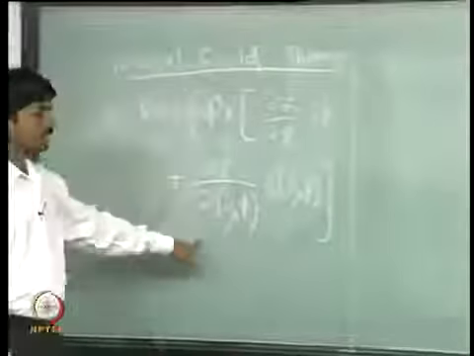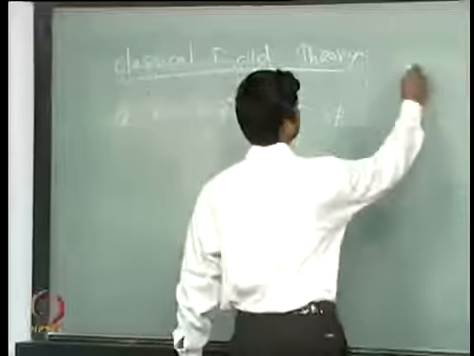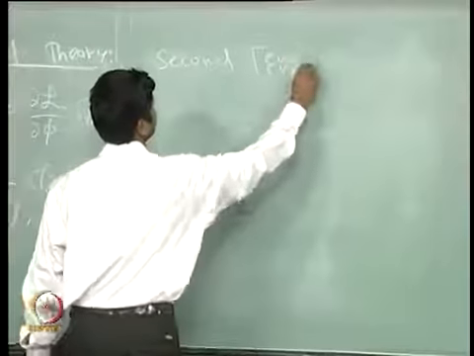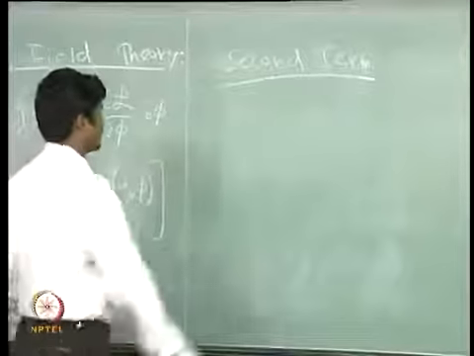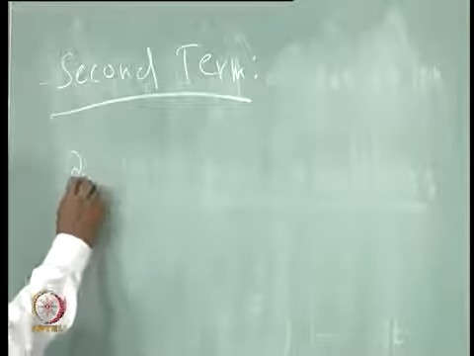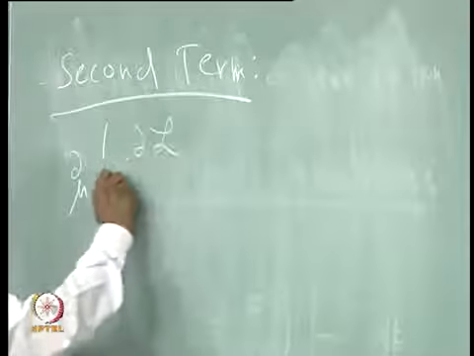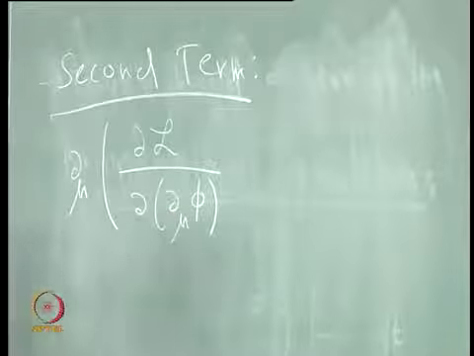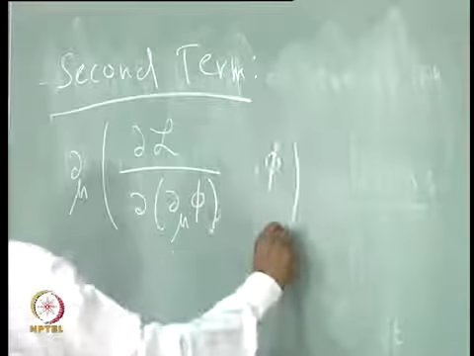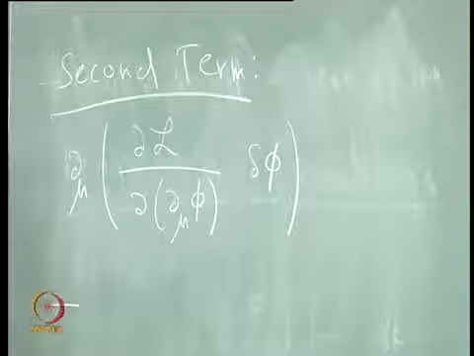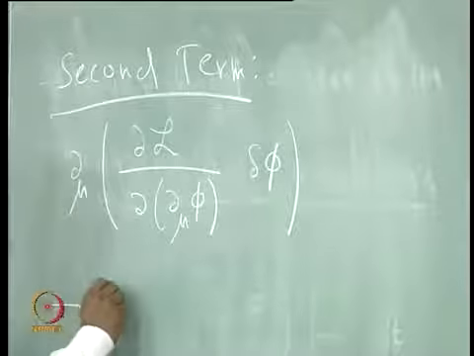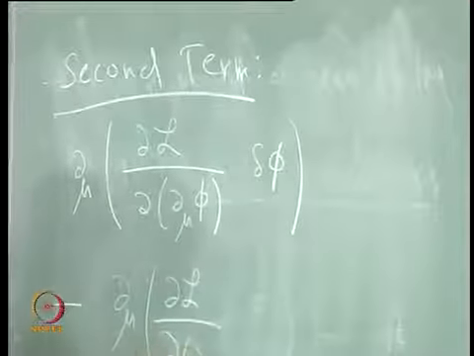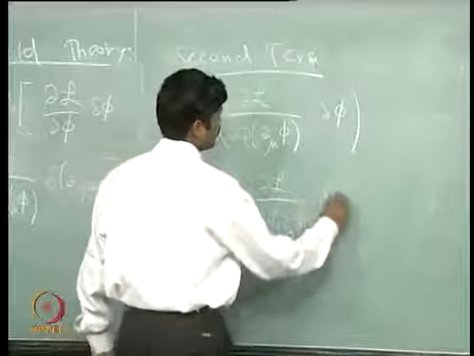So, let us rewrite the second term here. You can see that the second term can actually be written as del mu of (del L over del mu phi) delta phi minus del mu of (del L over del mu phi) delta phi.